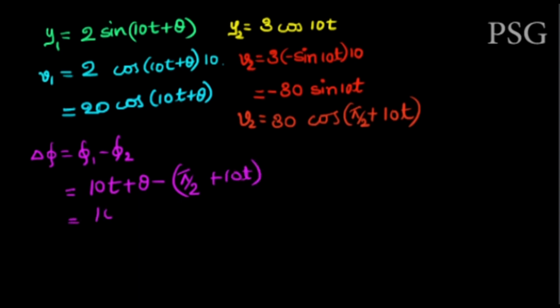So we get 10t plus theta minus pi by 2 minus 10t, and the 10t cancels. Therefore I can write theta minus pi by 2 as the phase difference between the two velocities. Option C is correct.